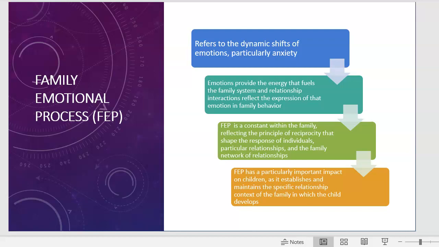FEP establishes and maintains the specific relationship context of the family in which the child develops. So this is where children learn how to act, how to behave with others, and they also develop their own sense of self within relationship dynamics.